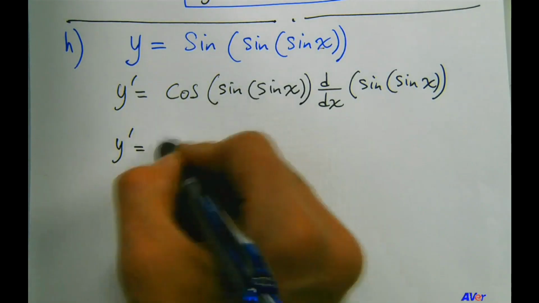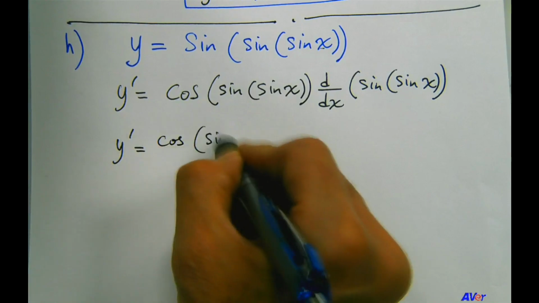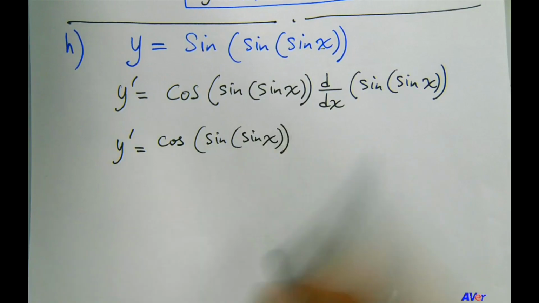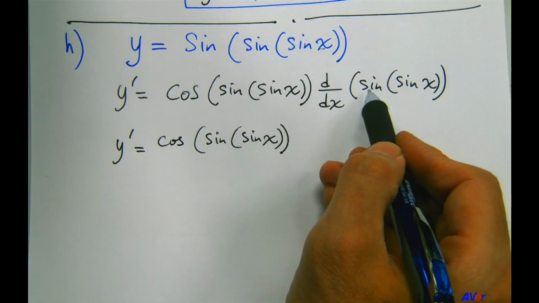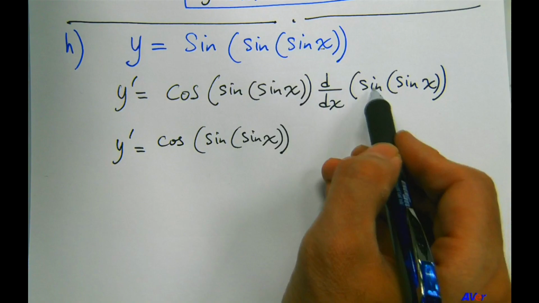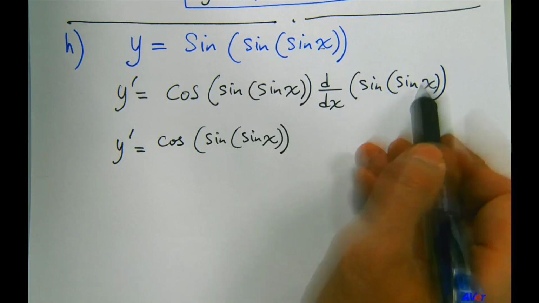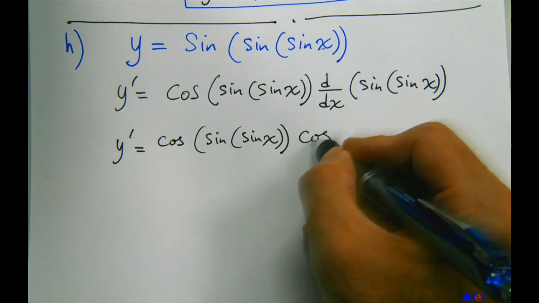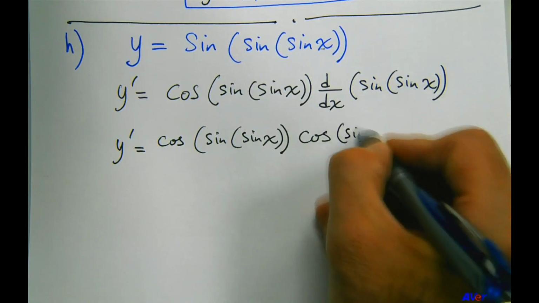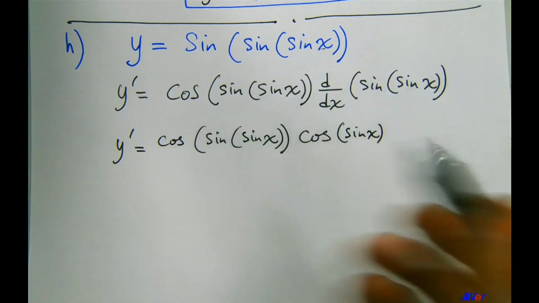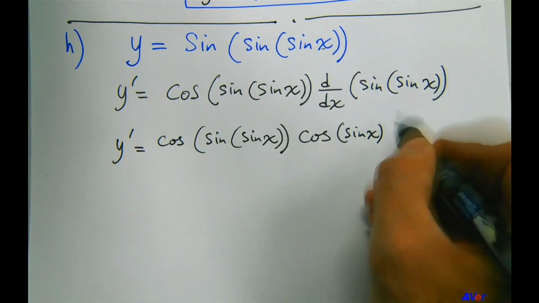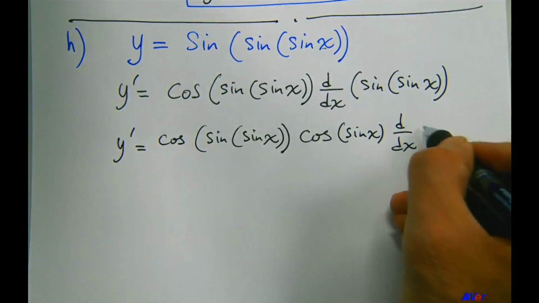So let's write it down: cosine of sine of x. The derivative of that would be once again cosine of sine of x. So this sine becomes cosine of all of that expression. And then again, by the application of the chain rule, the derivative of sine of x, so d dx of sine of x.